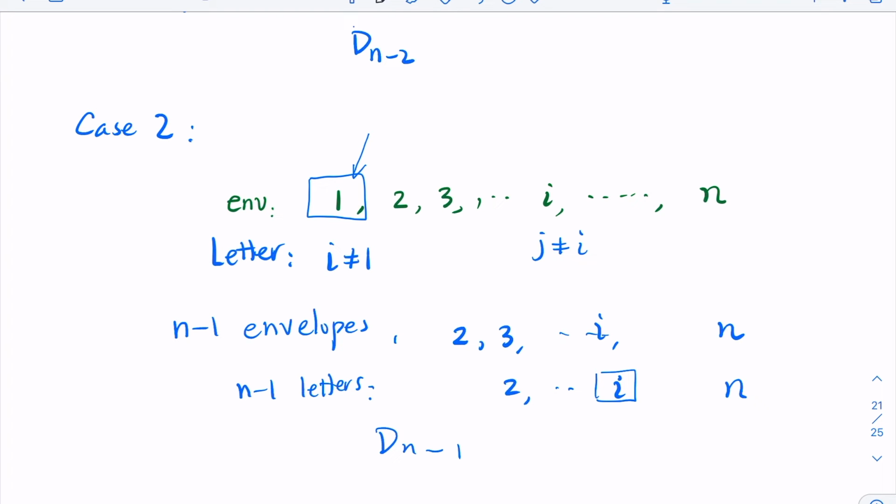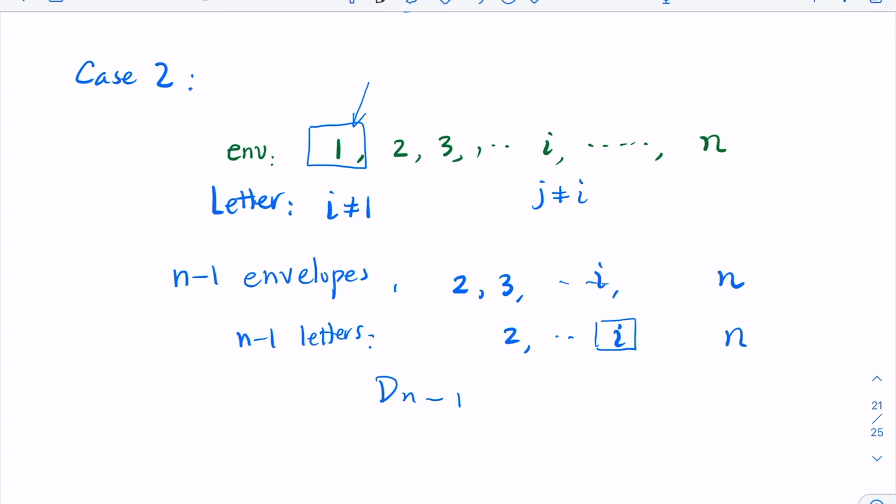If for envelope 1 it contains letter i, then of course that's only one of the cases, because this i, for envelope 1, could have n-1 choices. This i could equal 2, equal 3, and equal n. So in summary, d_n is going to be d_{n-1} plus d_{n-2} for the case where letter i goes to envelope 1.